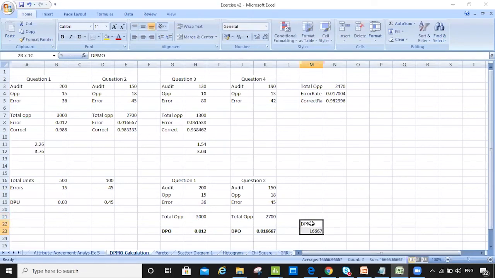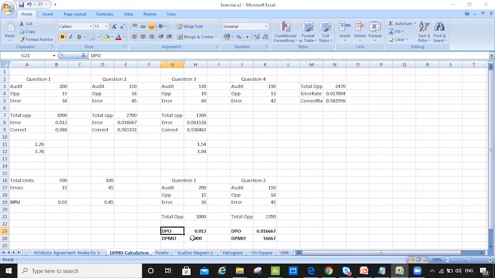If I want to calculate the DPMO for the previous example, I would be able to do that as well. DPMO for this would be this multiplied by 1 million, so 12,000. It says out of 1 million opportunities, there are 12,000 defects.